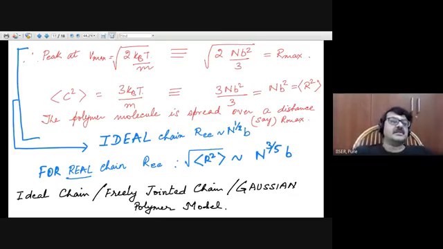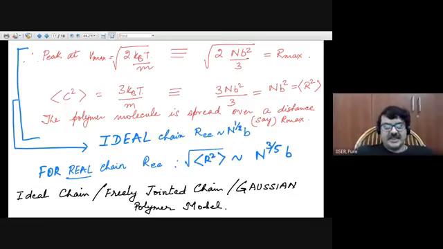Also, the mean square speed, a scalar quantity since you're taking a square anyway, was 3 kbt by m, and now that comes out to be 3 nb square by 3, that is equal to nb square, the mean of the end-to-end distance square. And this is what we also found earlier. So basically, I've calculated the distribution which gives the right moments, right?